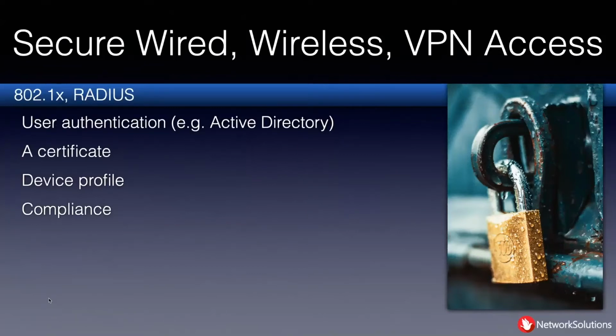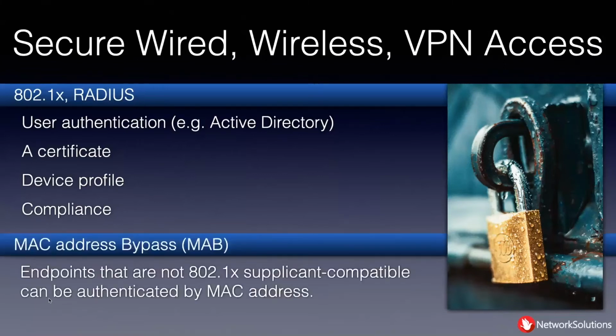You may require a certificate. It may be that only certain devices are permitted to connect, or you can go further into compliance and check the status of a particular endpoint before it's permitted connectivity. VPN access relies on RADIUS, but it can also go through device profiling and compliance as well.